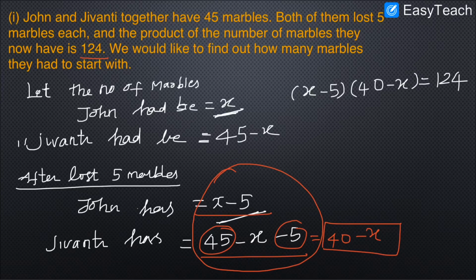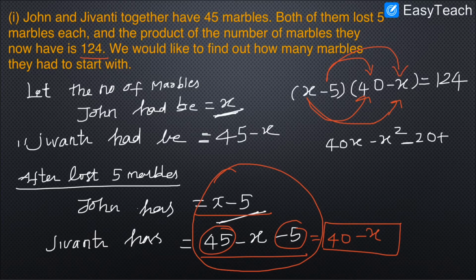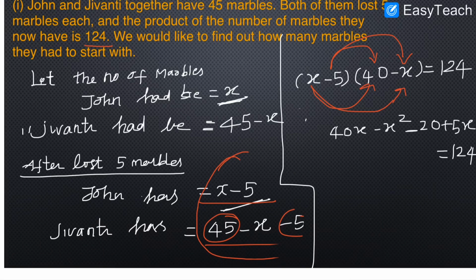Now it is going to be very easy, multiplying these two. Let's multiply x into 40 and x into minus x, which is 40x minus x square. In the next step, minus 5 into 40 and minus 5 into minus x, so minus 200 plus 5x equals 124.